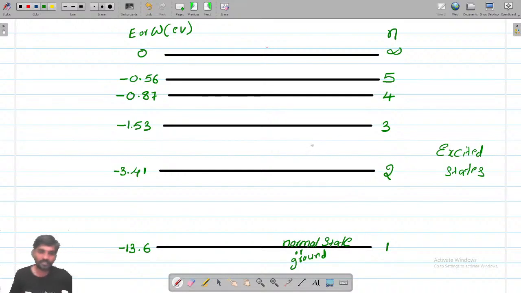Now what happens is, if the electron is given some energy, the electron will gain some energy and move into the next levels, which are far away from the nucleus.